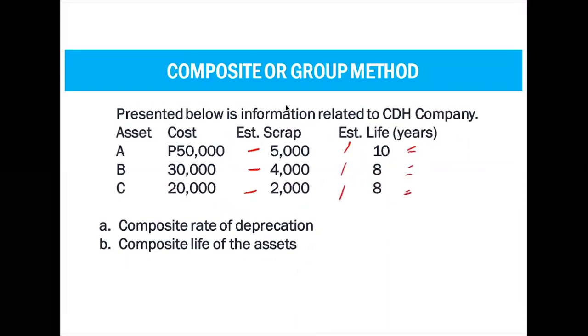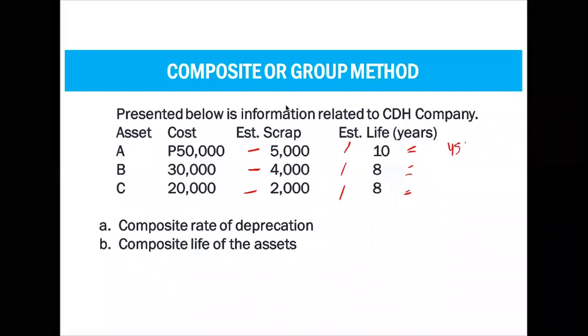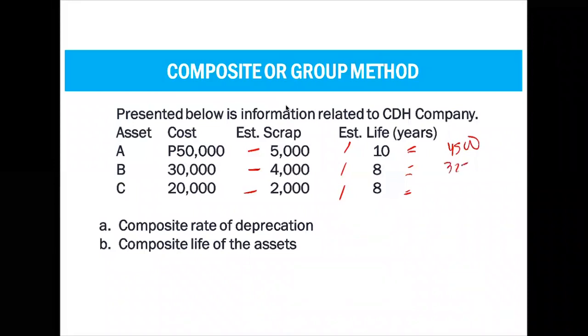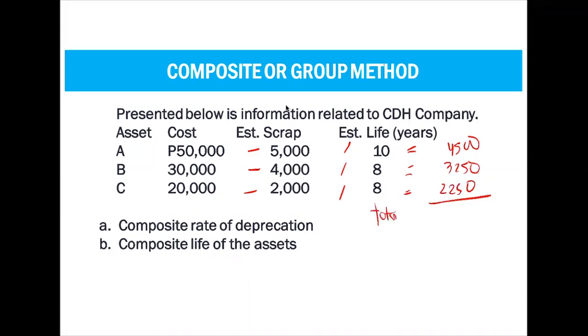So we have here 50,000 less 5,000 divided by 10 is 4,500. 30,000 less 4,000 divided by 8, 3,250. And then we have 20,000 less 2,000 divided by 8, we have 2,250. So our total annual depreciation, 2,250 plus 3,250 plus 4,500 will give us 10,000 pesos.